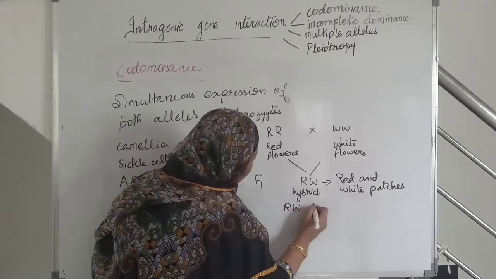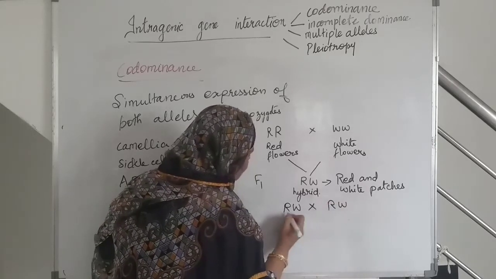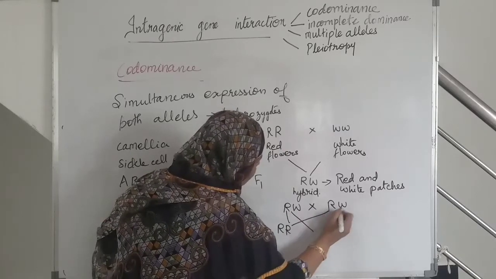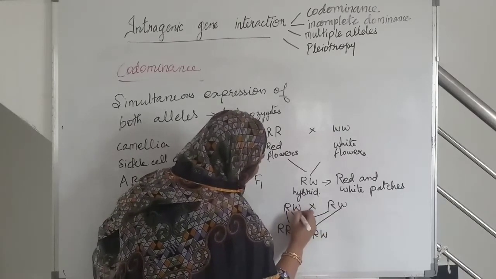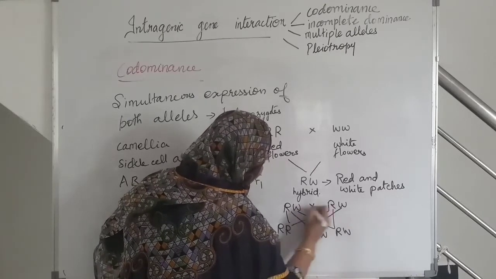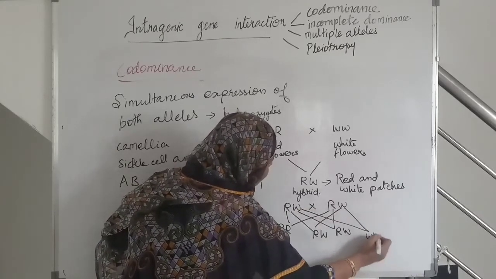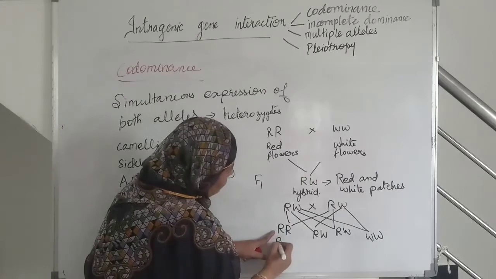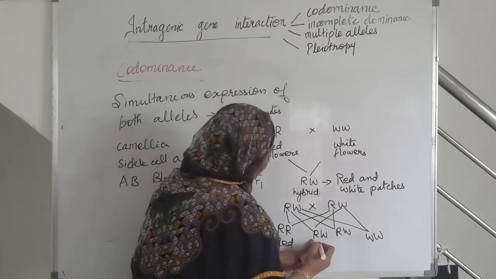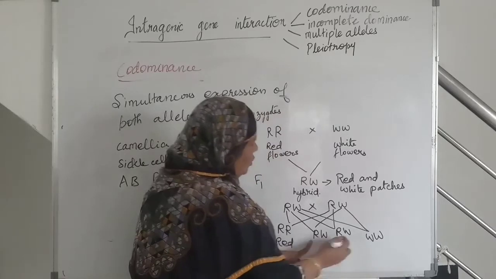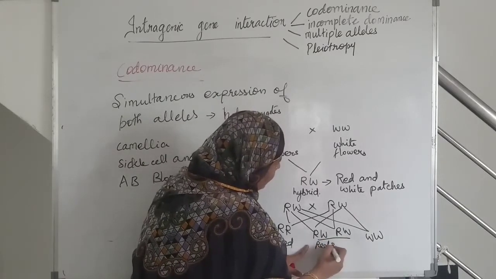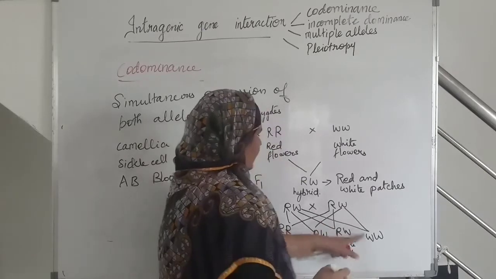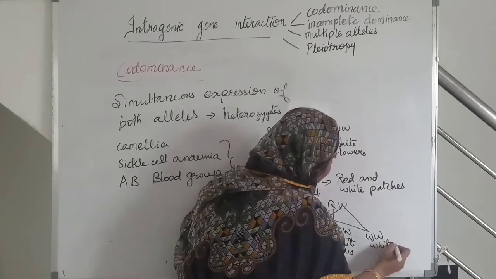When this F1 hybrid is crossed with the same type of genotype, if you see here, RR for red flower, RW for hybrid, that is red and white patches appeared, and here white flower.